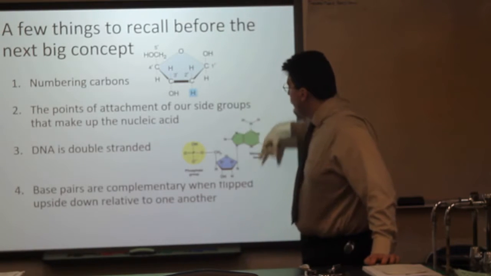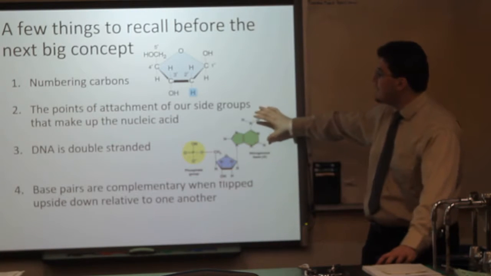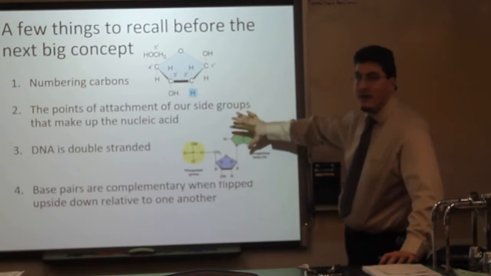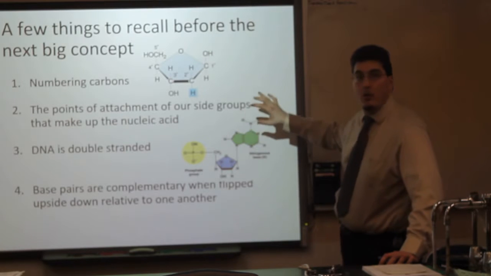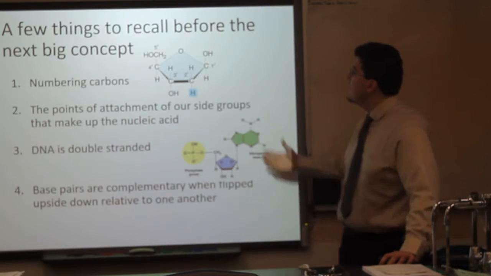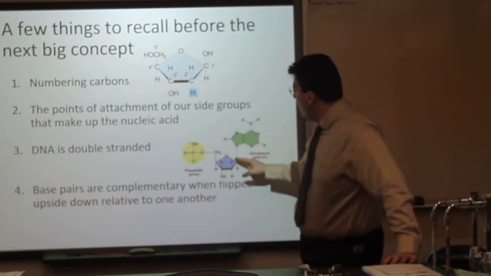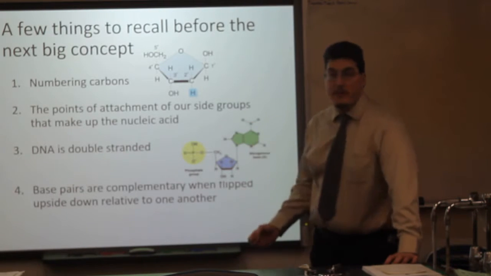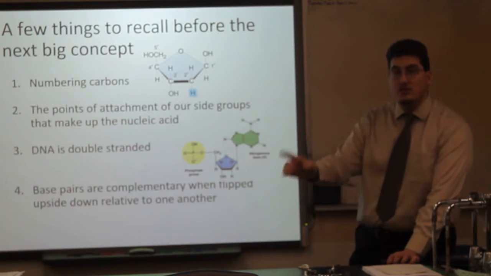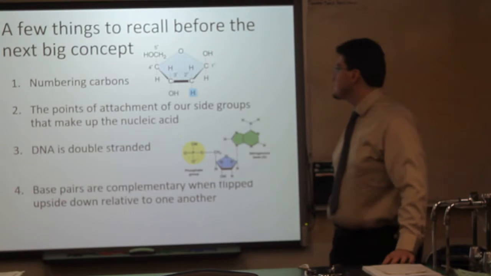Condensation reaction between whatever will attach this nitrogenous base, either adenine, or guanine, or thymine, what have you. Condensation reaction will occur, 1' carbon to the nitrogenous base. So the nitrogenous base attaches to the 1' carbon.